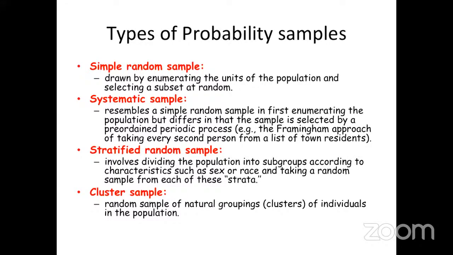Simple random sampling. As I go back to the same old example, you are doing a study on intrathecal buprenorphine. The sampling will be from the patients who are going to receive spinal anesthesia.